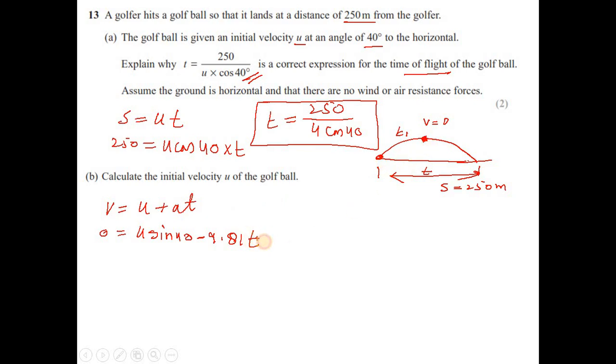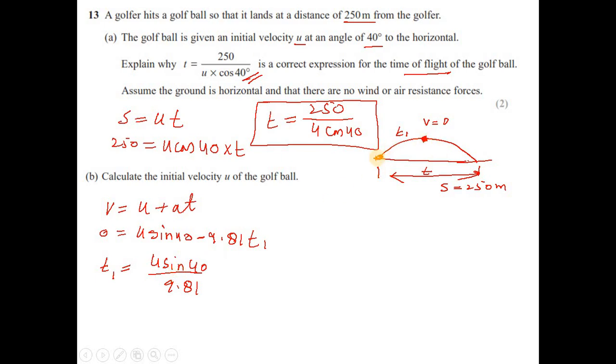This is t1. So I can rearrange this equation as t1 is equal to u sine 40 divided by 9.81. So this is the expression for the time to reach maximum height.